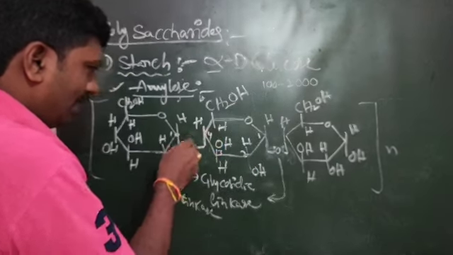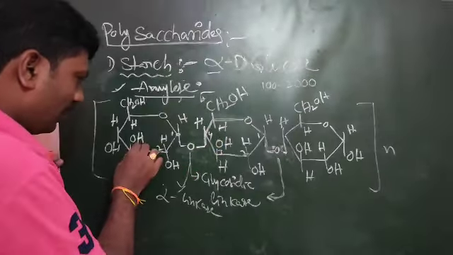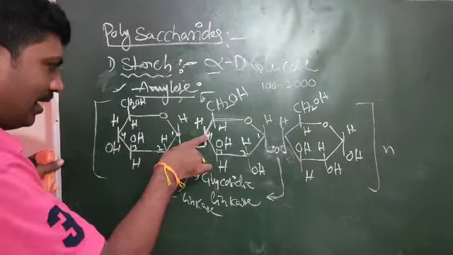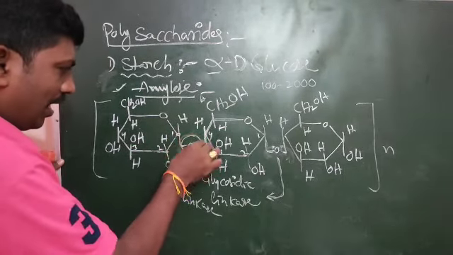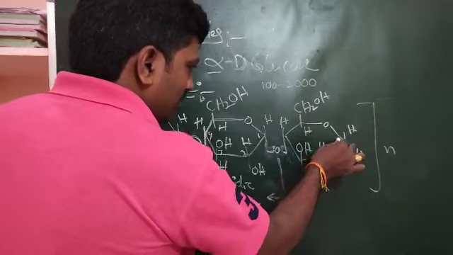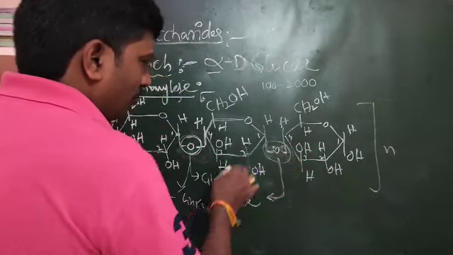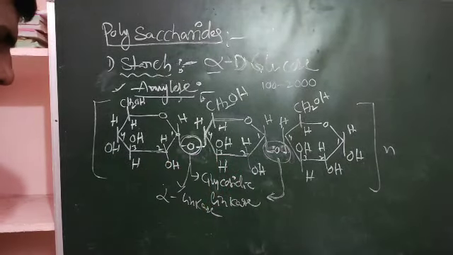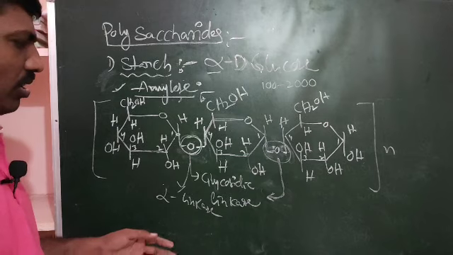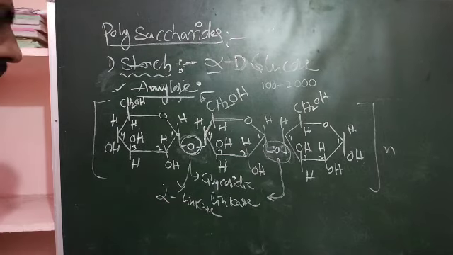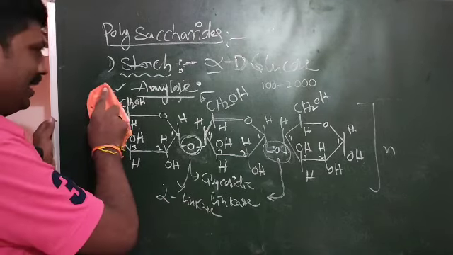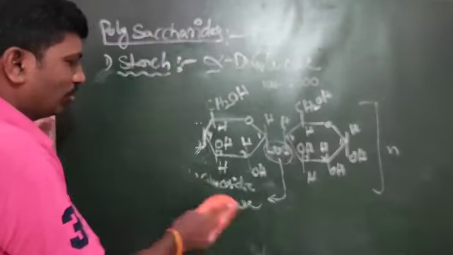The fourth carbon and the first carbon will join through that oxygen linkage, and that we call the glycosidic linkage or alpha linkage. So this is about amylose.